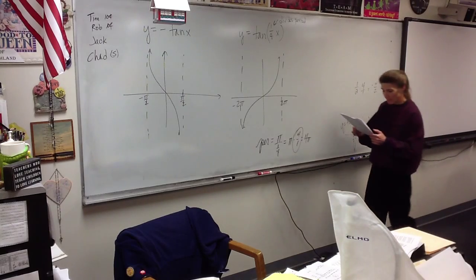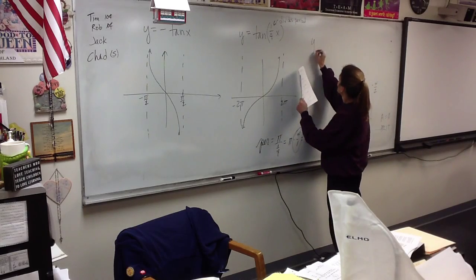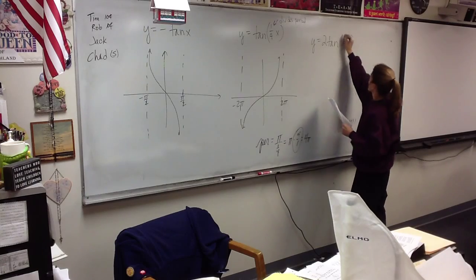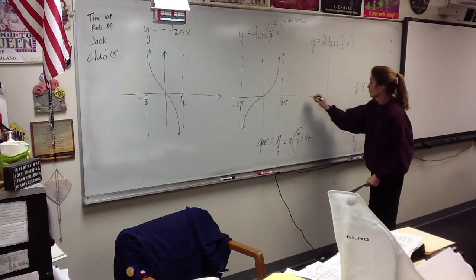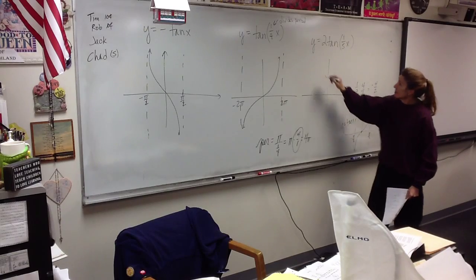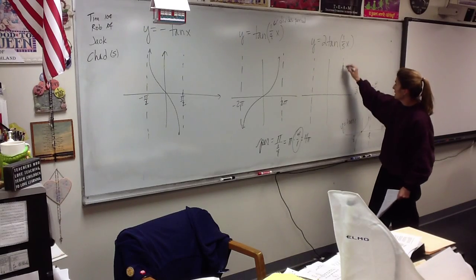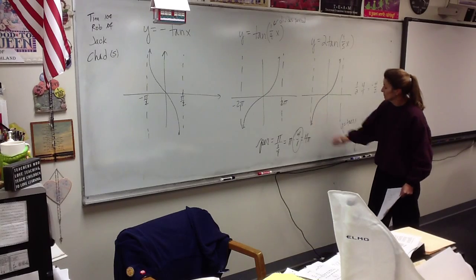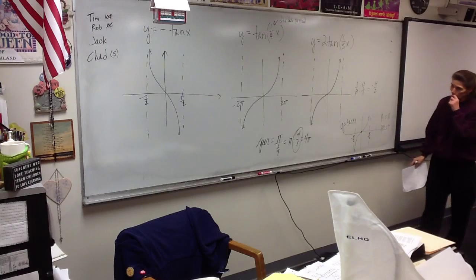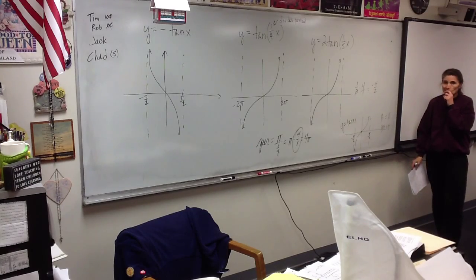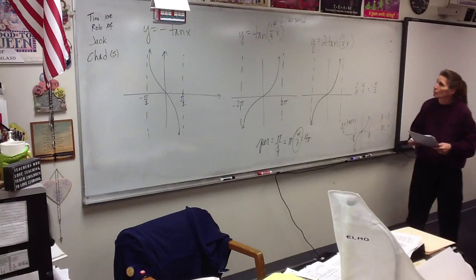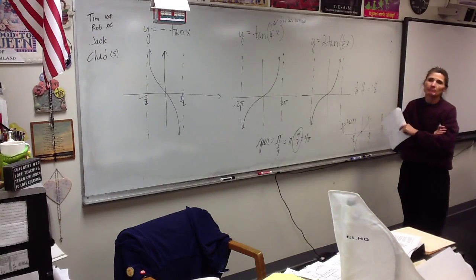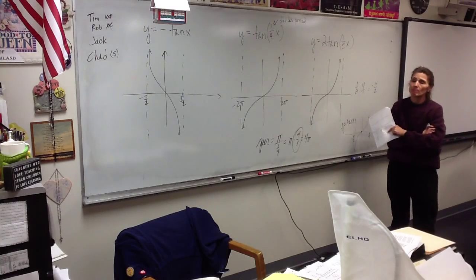Let's try the next one. It would be L. Again, we got an asymptote here and an asymptote here, and we have a regular old tangent curve. This too, now listen carefully. I don't want you to be confused.